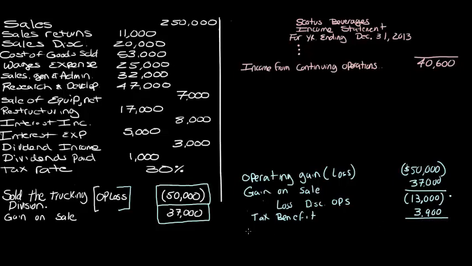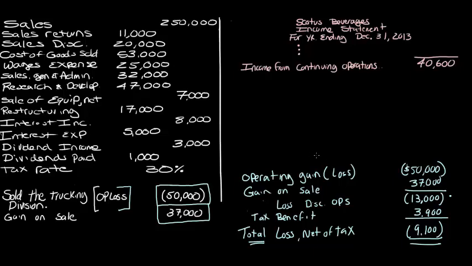So my total loss from discontinued operations, net of tax, is $99,100. So that's the number that's going to show up and be reported on our income statement.